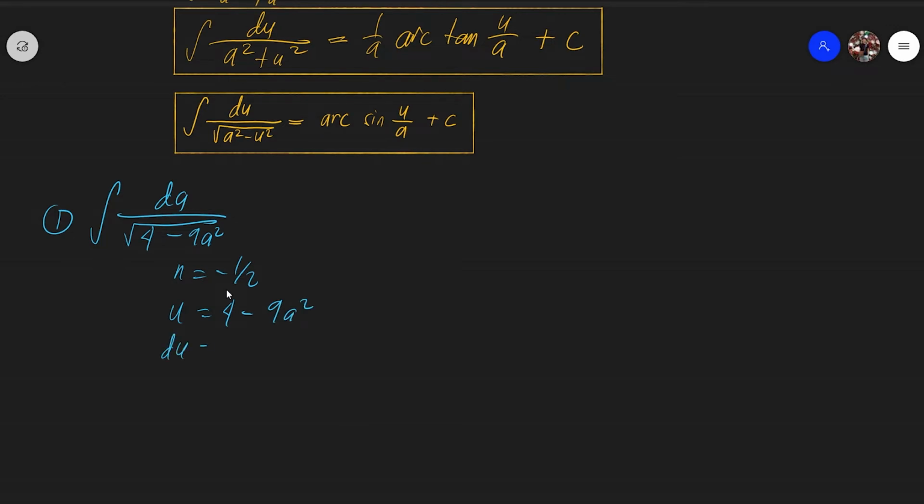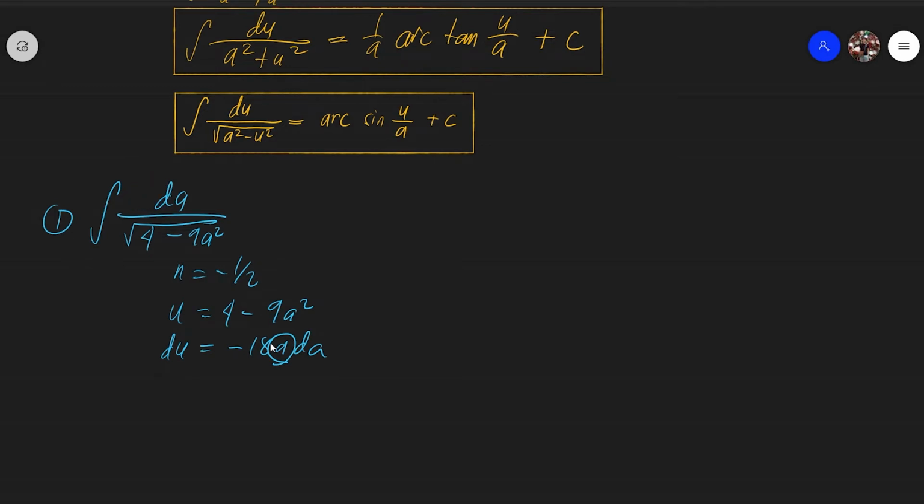And if you do this, your du will be negative 18a dA. This a here does not exist in your original given function, you cannot find it here, right? So you cannot do that.